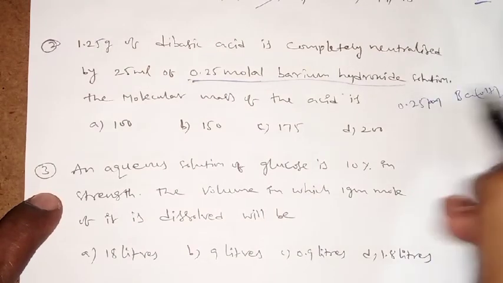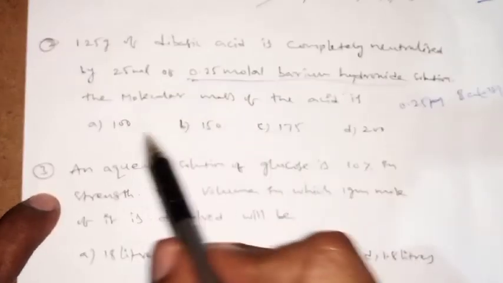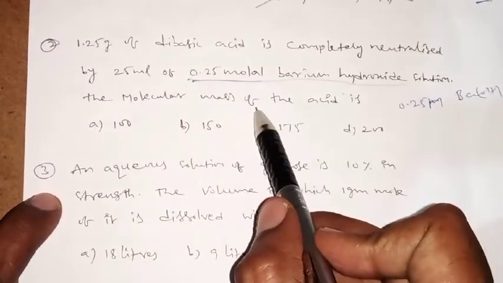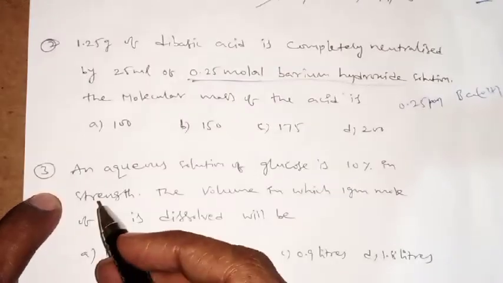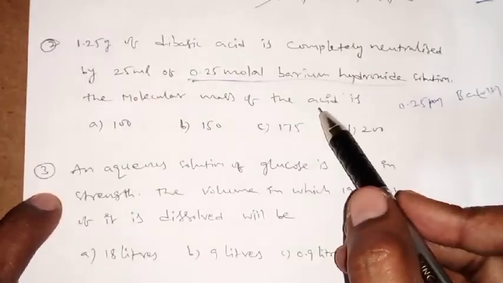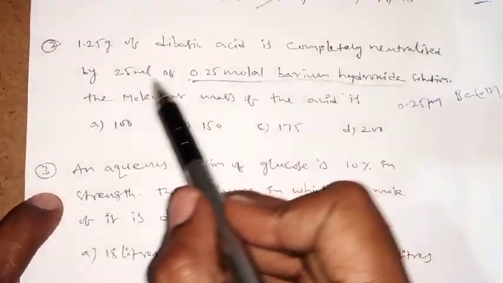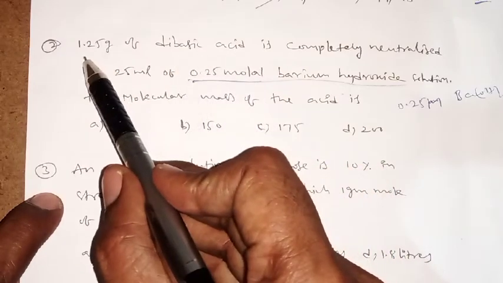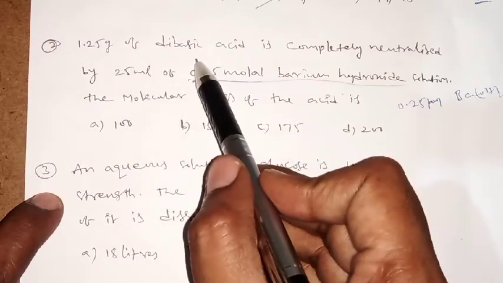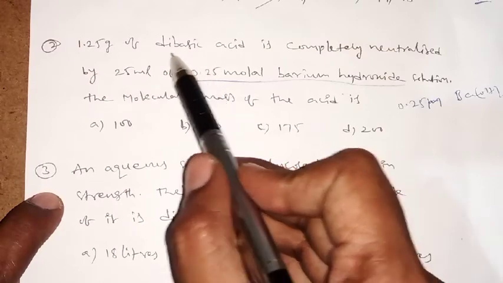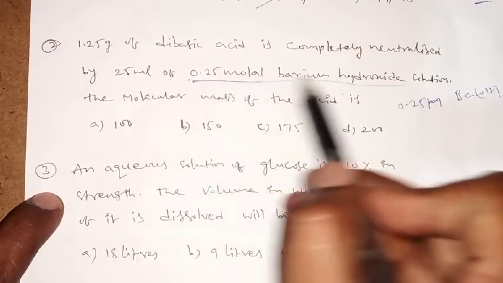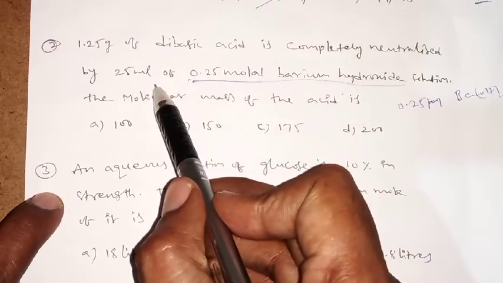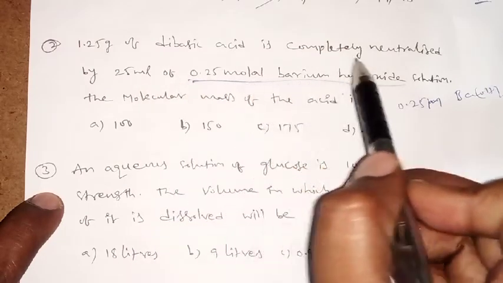Finally, they ask the molecular mass or molecular weight of the acid. They don't give any information about the acid, just that 1.25 grams of a dibasic acid. The information they give is about the base: 25 milliliters of 0.25 molar barium hydroxide.